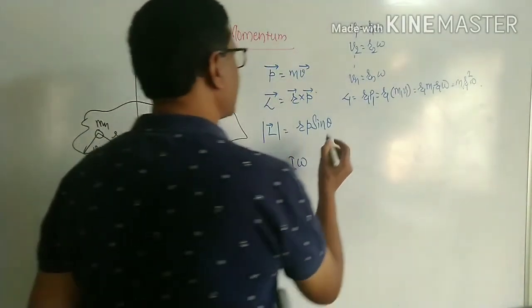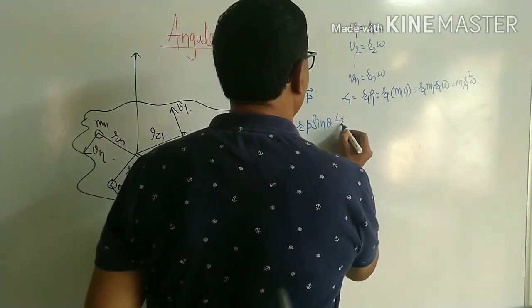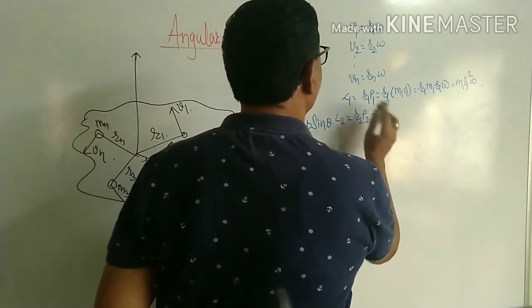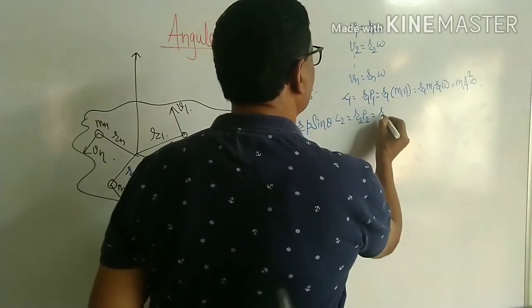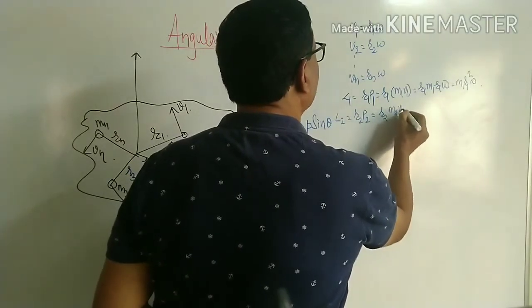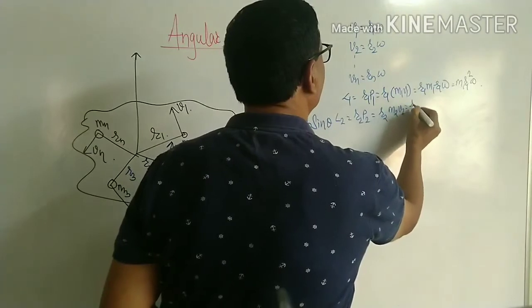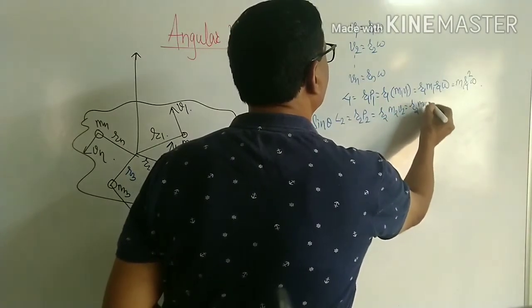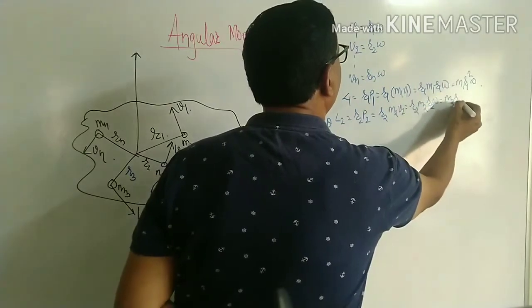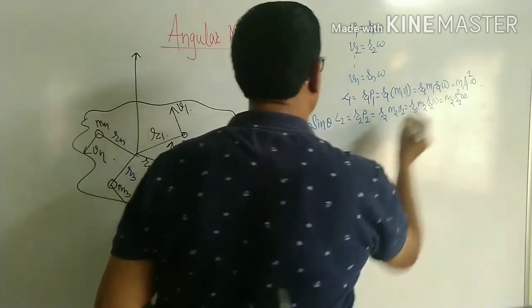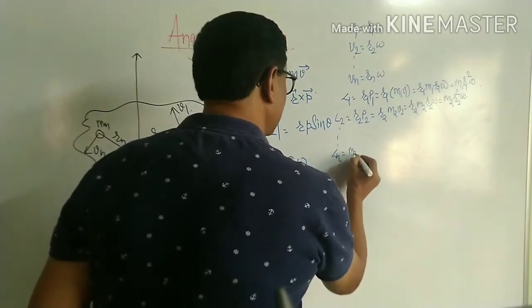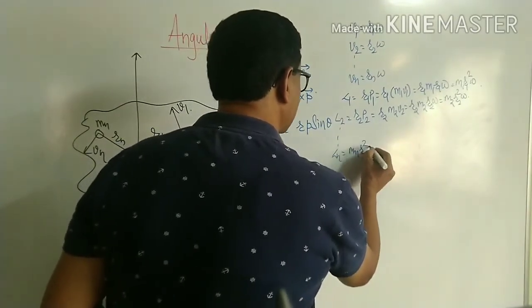In a similar manner, the angular momentum of a particle of mass m2, moment of momentum, is R2 times m2 times v2, which comes out to m2 r2 square omega, and like that the angular momentum of the nth particle is mn rn square omega.